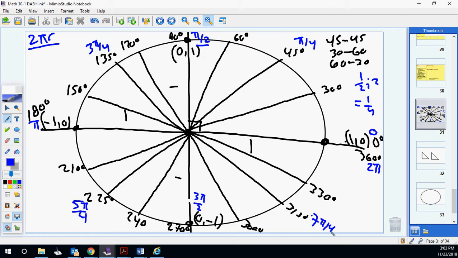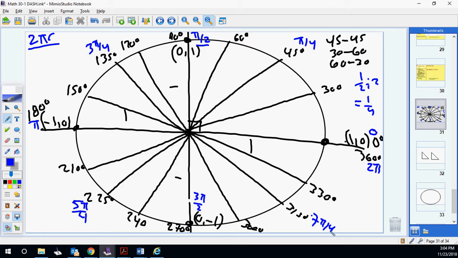And then the next piece is 8 pi over 4, and 8 pi over 4 is 2 pi. So you can see that all the 45s are just going by a quarter every time. And 45 is divisible to 45, 90, 135, 180, 225, 270, 315, and 360. So the 45s are all consistent as well. Okay, so that's the 45s and the endpoints.